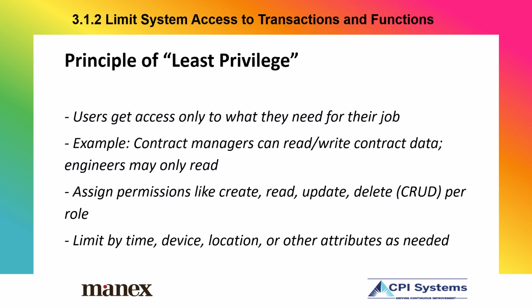Assign privileges like create, read, update, delete per role, and limit that by time, device, location, or other attributes as needed. Permissions can also be time limited, in effect only available during work hours, or restricted by device, location, or even customer or administrative requests.